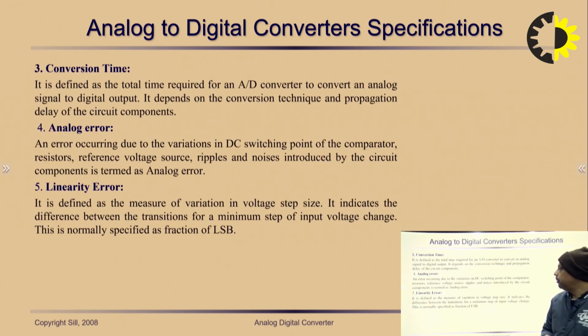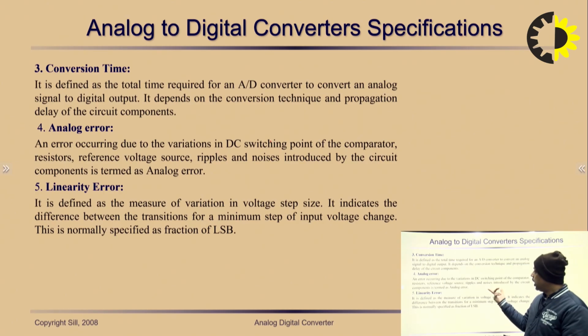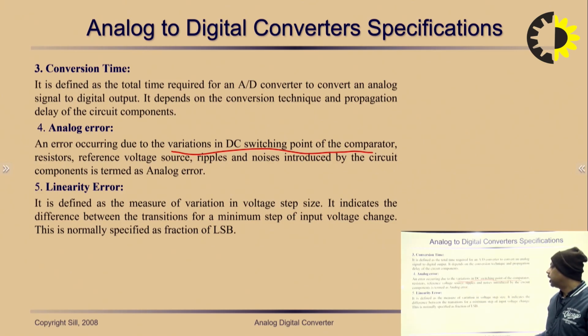Now conversion time is the time required for the input analog signal to produce a digital output. Analog error is the error that occurs due to variation in the DC switching point of the comparator, resistor, reference voltage source, ripples, and noise introduced by the circuit.